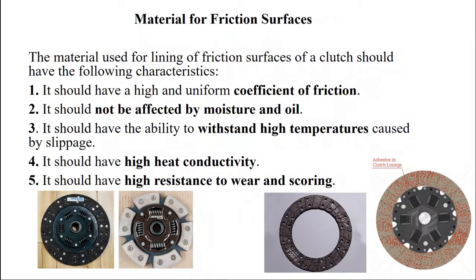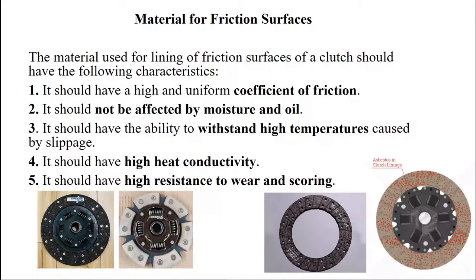That means all parts of the surface should wear uniformly, and they should have good friction. They should not be affected by moisture and oil, because in the engine we are using engine oil, gear oil, so it should not react with them. It should not corrode when it comes in contact with water or moisture.